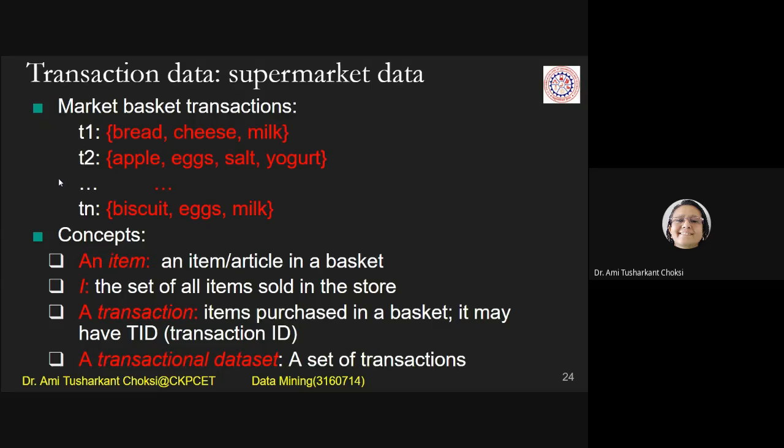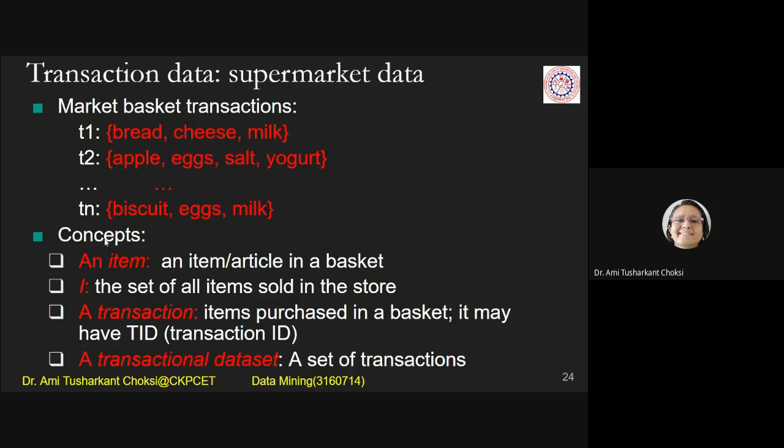For T2, we can have apple, eggs, salt, yogurt. For Tn transaction, we can have biscuit, eggs, milk. So it depends on the supermarket. Whatever people have purchased, for them we have the transaction data.